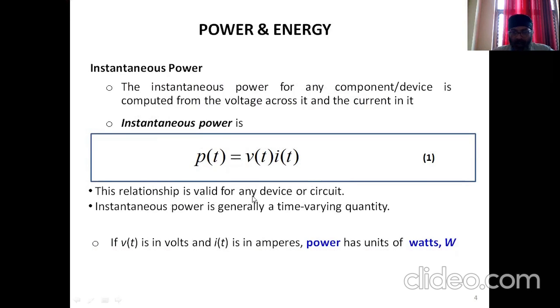So in power electronics, this instantaneous power is calculated so that we come to know the power rating of a power electronic system. If voltage is in volts and current is in amperes, this instantaneous power is in watts.